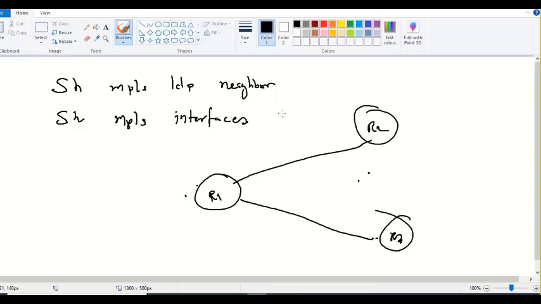Now we went inside all the routers and we said MPLS IP, MPLS IP, MPLS IP, the global mode. After that, you also went to the interface and repeated the same command.